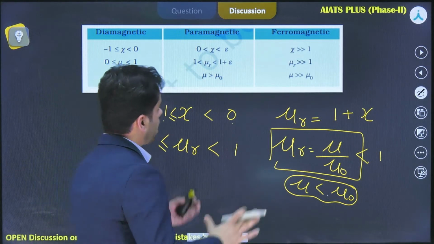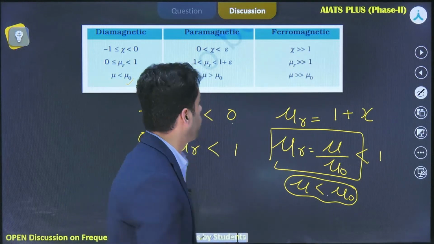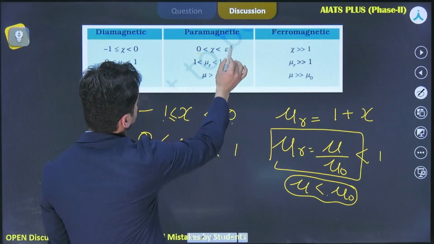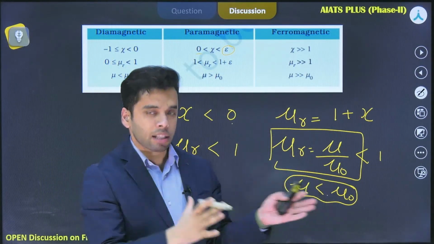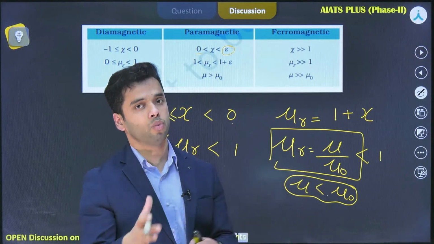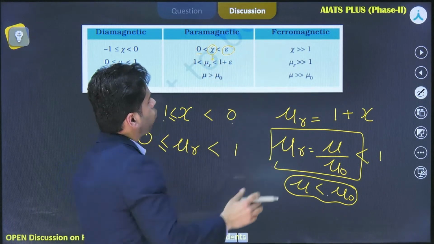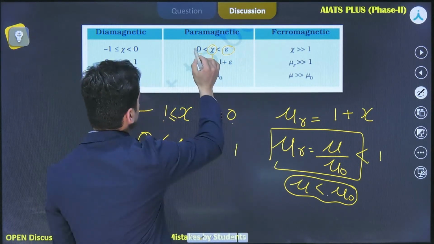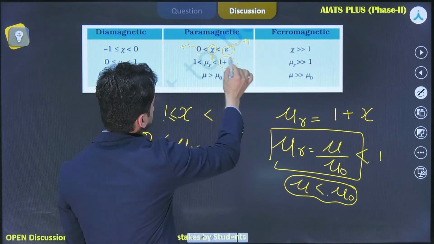Let's talk about the paramagnetic material. For paramagnetic material, the susceptibility is between 0 and a small positive constant, E. So it is greater than 0 but less than E. Now for the relative permeability, add 1 on both sides, so it becomes 1 plus E and 1.